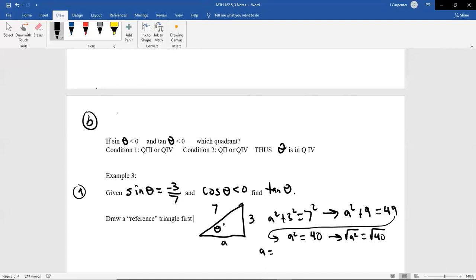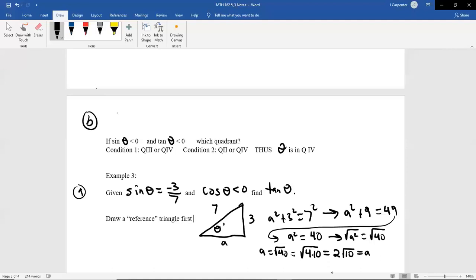We can break up 40 as a product, 4 times 10, because we know the square root of 4. You wouldn't want to do 2 and 20 because you don't know either of those square roots. Sorry for that erasing. This pen is wacky sometimes, which gives us 2 square root of 10. The square root of 4 is 2, so that popped out. The square root of 10 stays. So that's the A.